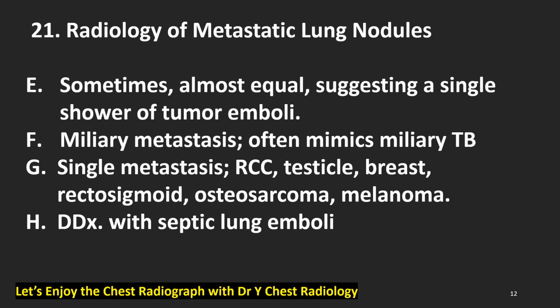E. Sometimes almost equal, suggesting a single shower of tumor emboli. F. Miliary metastasis often mimics miliary tuberculosis because they are almost uniform micronodules. G. Single metastasis: renal cell carcinoma, testicular tumor, breast cancer, rectosigmoid cancer, osteosarcoma, and melanoma are famous.